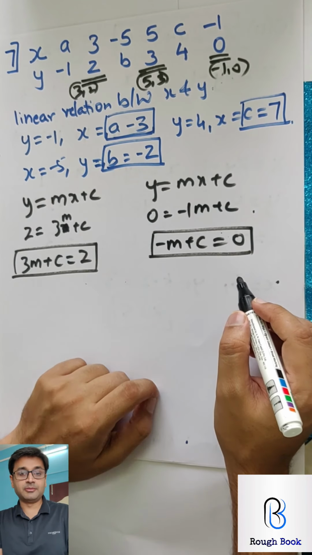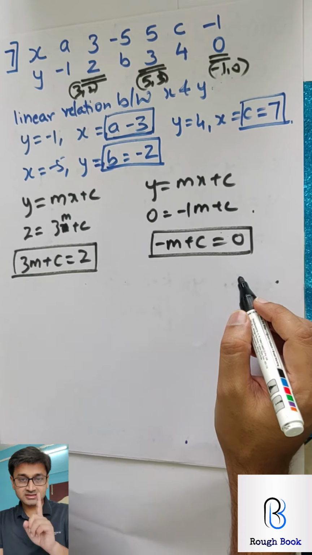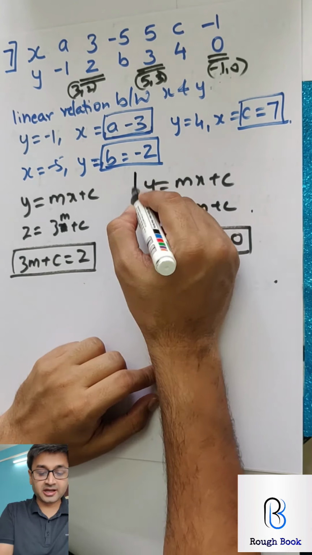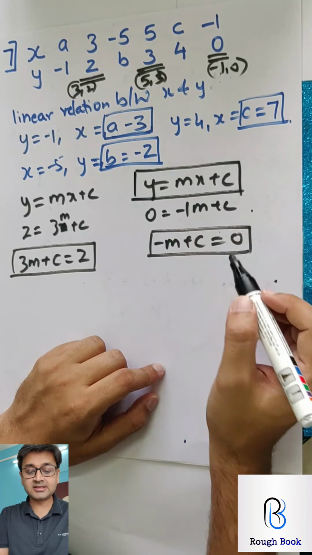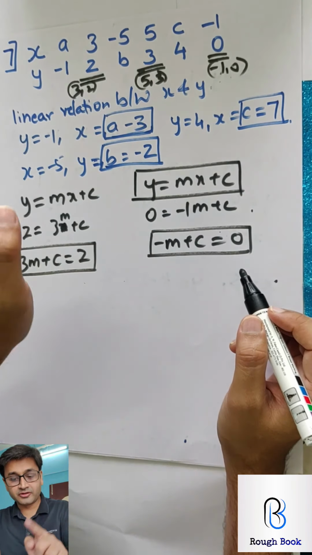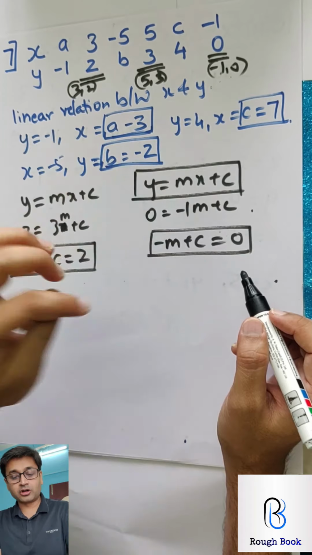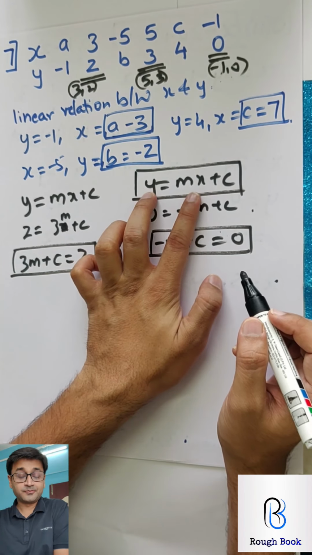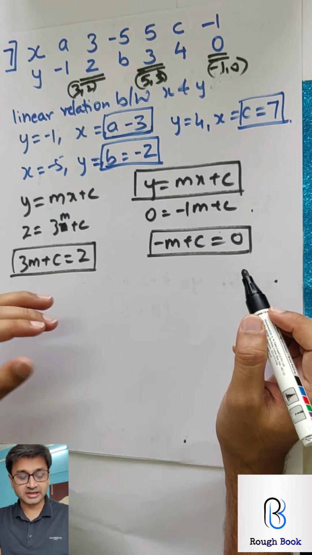Get the values of m and c. How? Simultaneous. Once you get the values of m and c, again take this and in this substitute those values of m and c which you have got, and automatically what you will get is a linear relationship between x and y. Brilliant it is. Finish it, then we'll again revise.